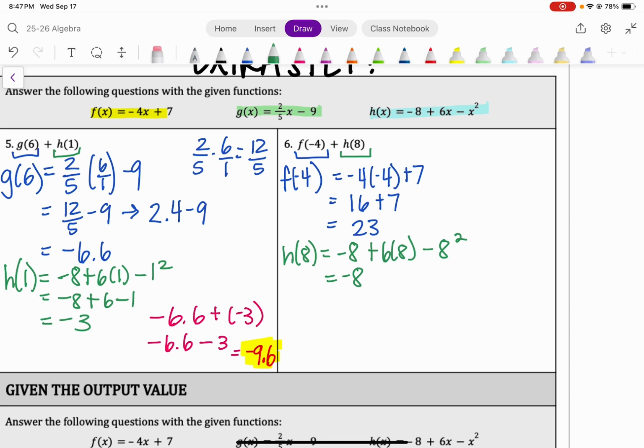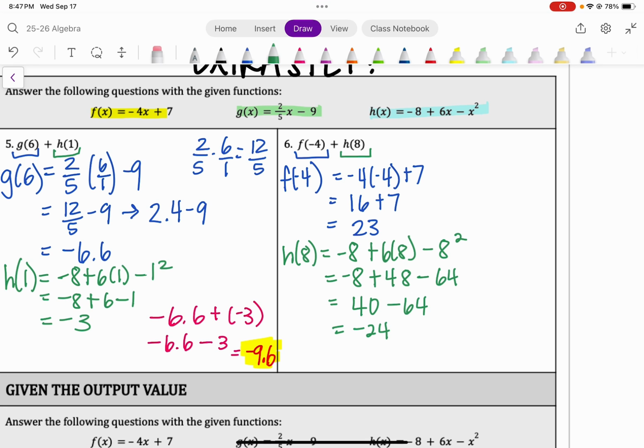So negative 8, 6 times 8 is 48, then minus 64. And when we add, going left to right, negative 8 plus 48 is 40, then minus 64, that's going to equal negative 24.